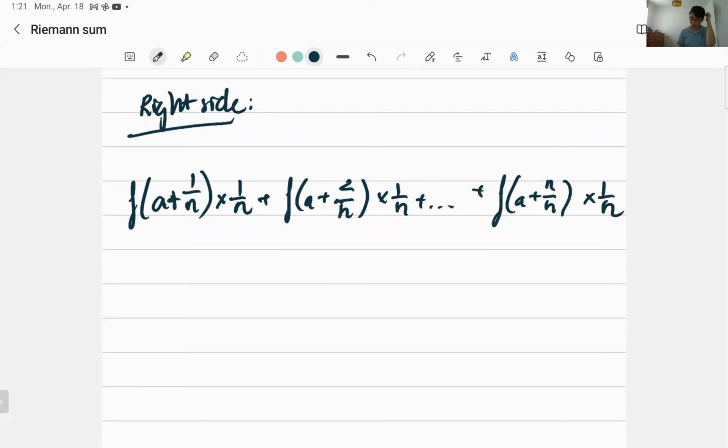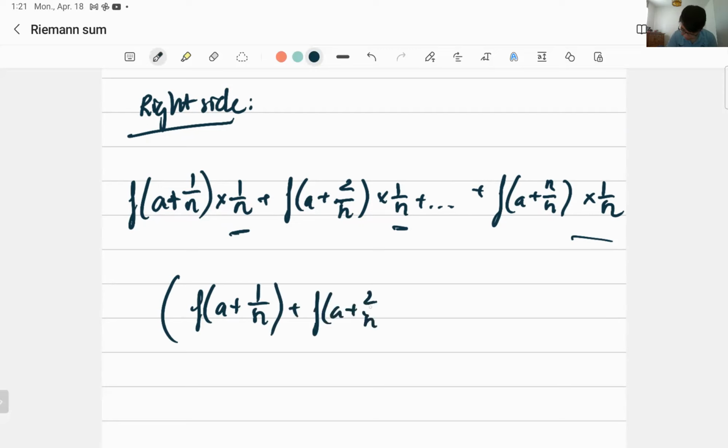All right, so we can factor out 1 over n, exactly as from the previous one. So 1 over n, big bracket, f of a plus 1 over n, plus f of a plus 2 over n, right? And plus dot dot f of a plus n over n, meaning 1, and times 1 over n, right?